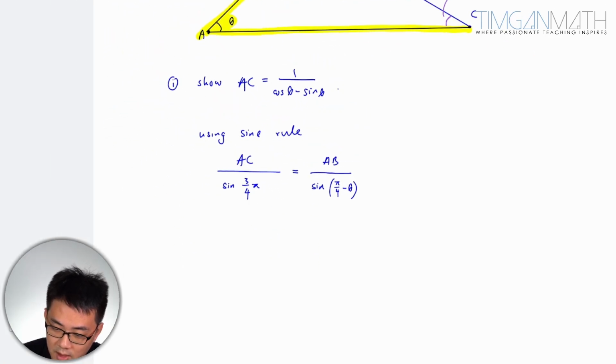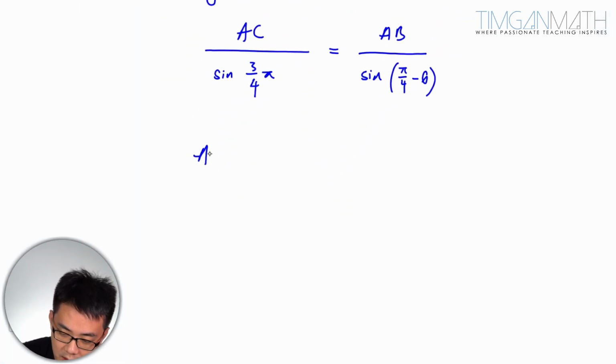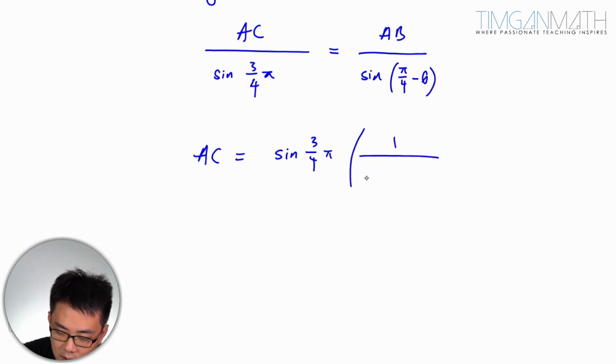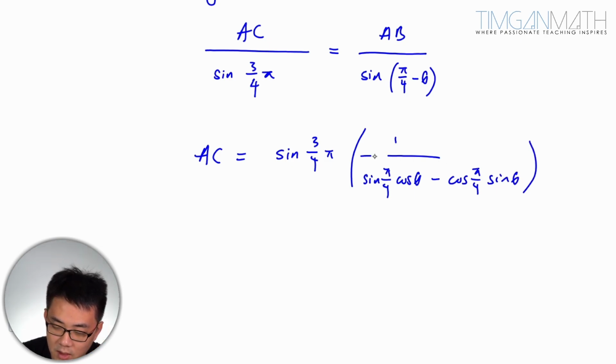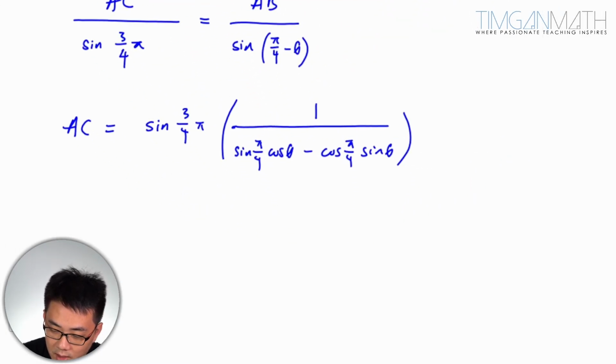AB is 1 unit, so AC equals sine 3/4 pi over sine pi over 4 cosine theta minus cosine pi over 4 sine theta. Just sine A minus B, so I'm just going to use the formula for sine of A minus B. Once it's done, I can just simplify this.